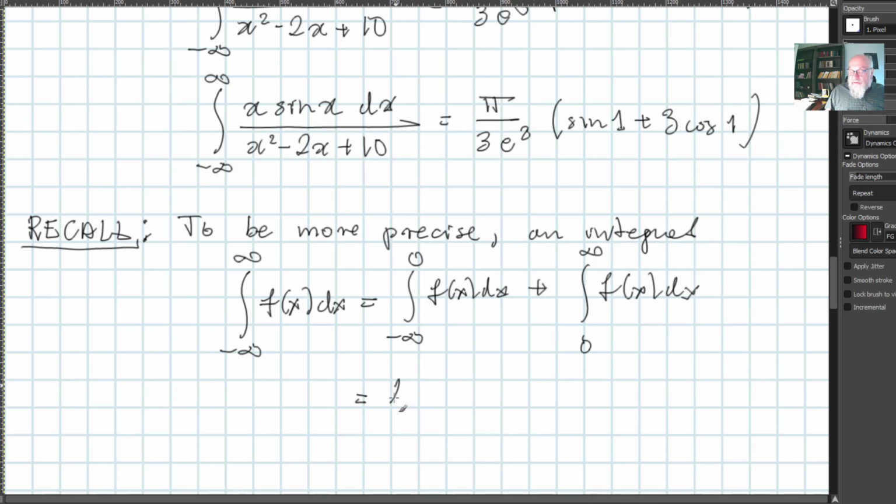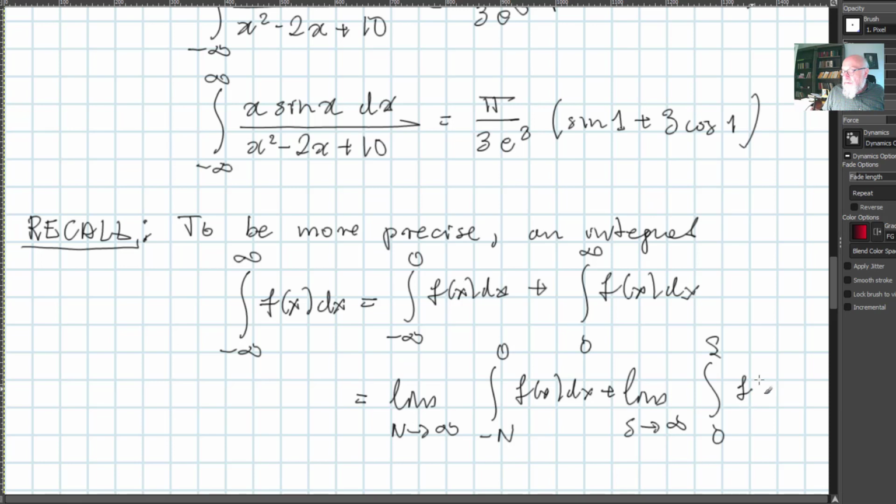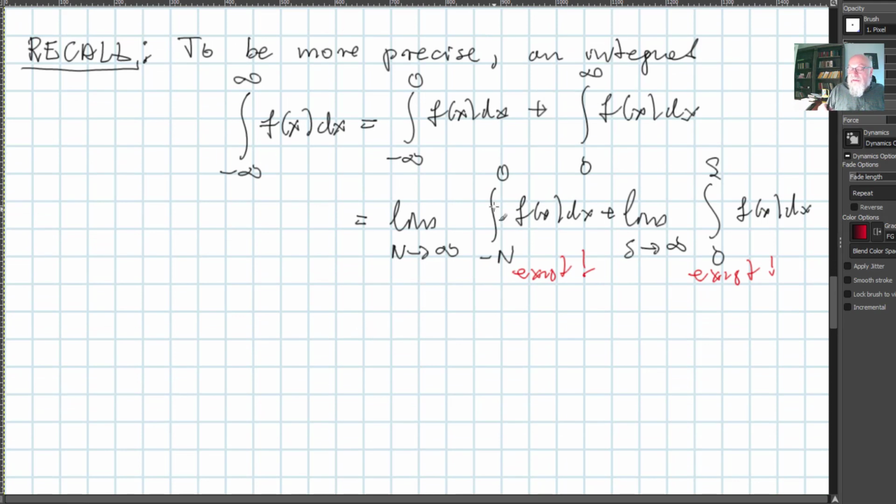In such a case, if these limits exist, assume they exist, this must exist and this must exist, then our improper integral is exactly given by these two values.